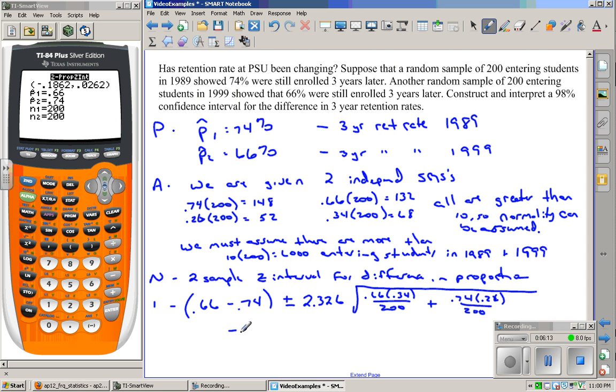the interval is from negative 0.186 to 0.026.